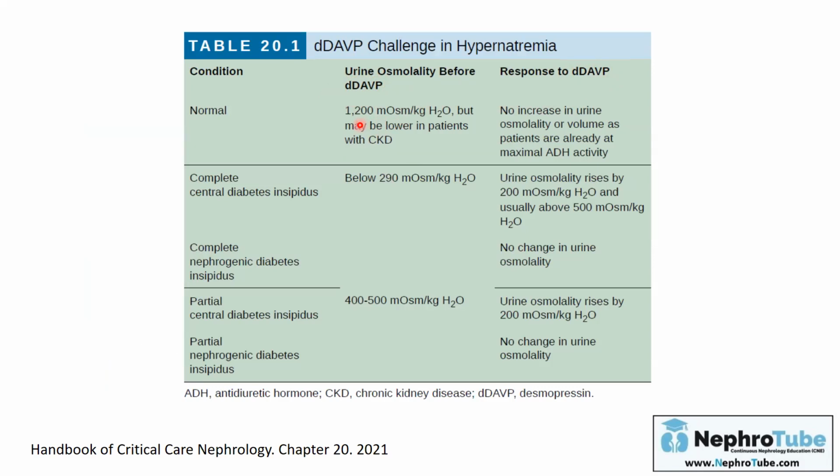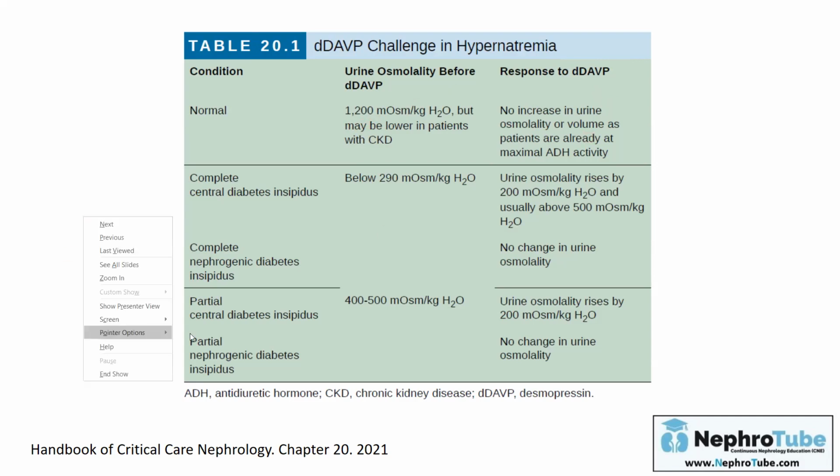So if he is deprived for a long period, the urine will be concentrated. Osmolality will be more than 120. In some texts, they mention it may be more than 800. You will find it concentrated. And once you give the patient desmopressin, there will be no increase in urine osmolality, as the patient has normal ADH with maximal activity. So more excess of ADH will never give more response.